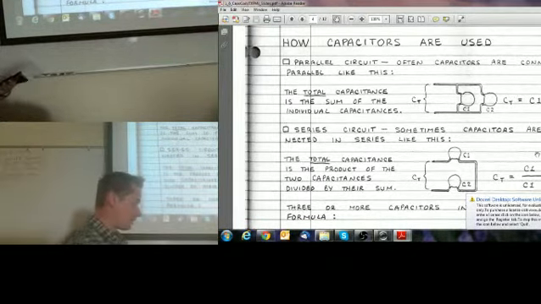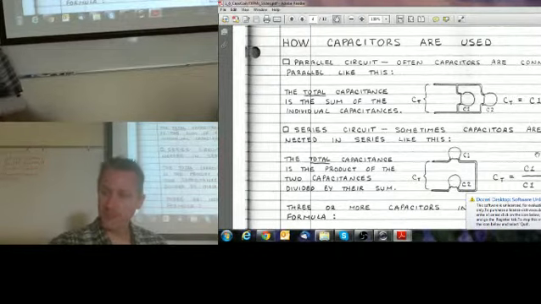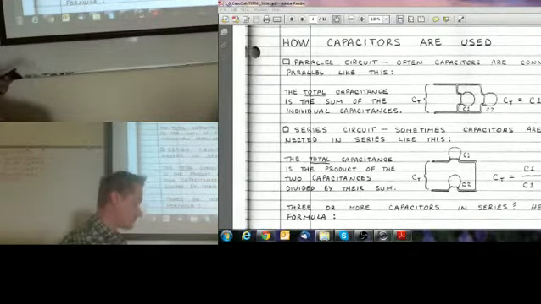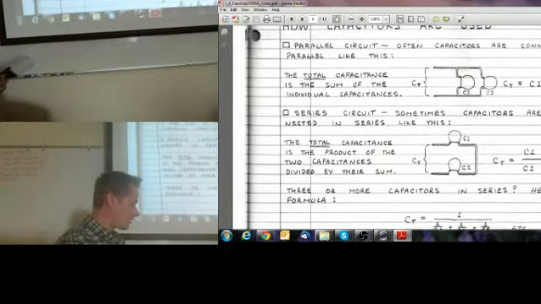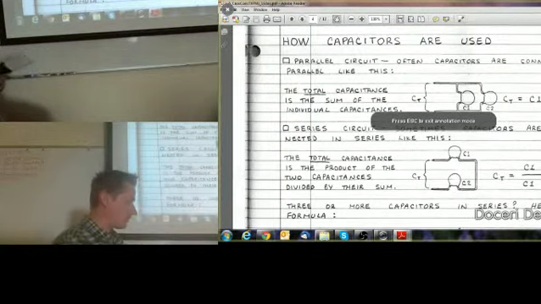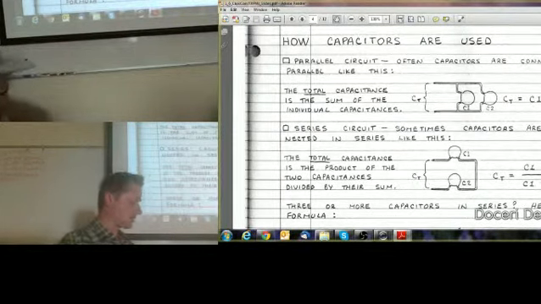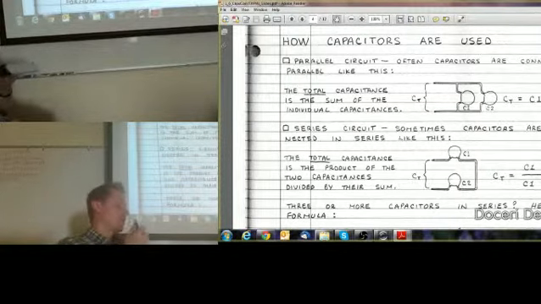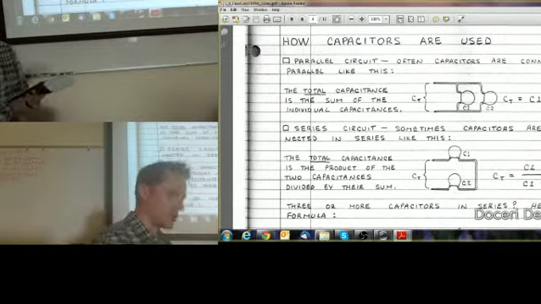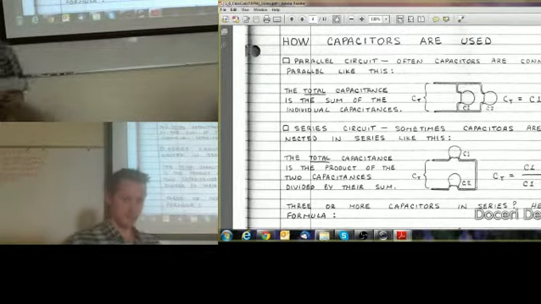What happens if you see a couple of capacitors in parallel? Well, as it turns out, the total capacitance in that situation is going to be the sum of the two capacitors when they're in parallel. Right? Okay? If you got two capacitors that are equal values, you're basically doubling the surface area of that metal.